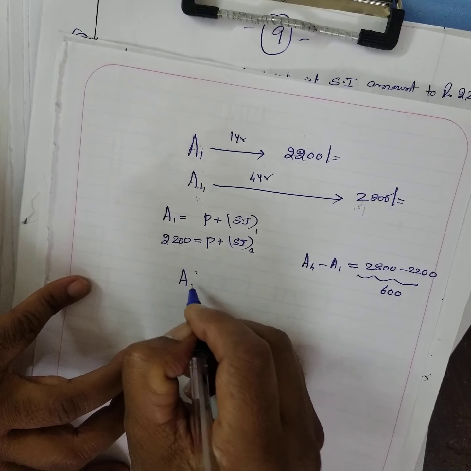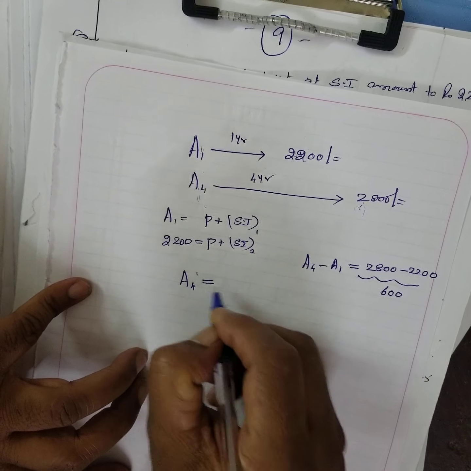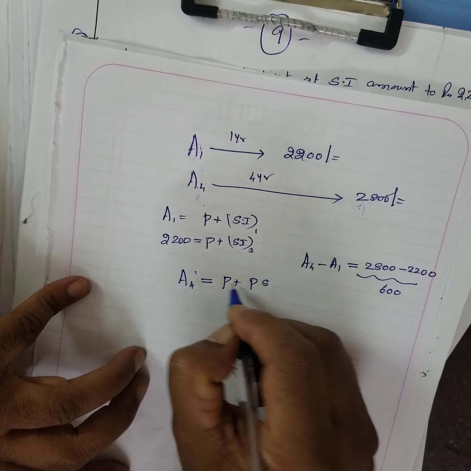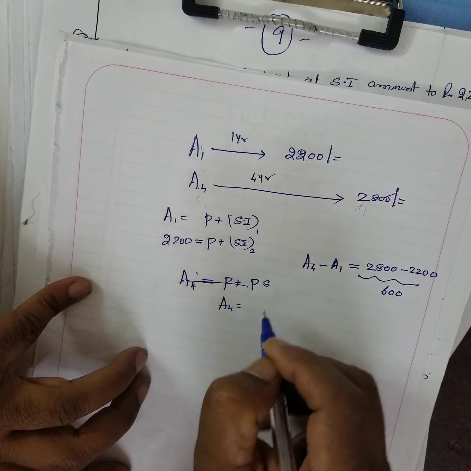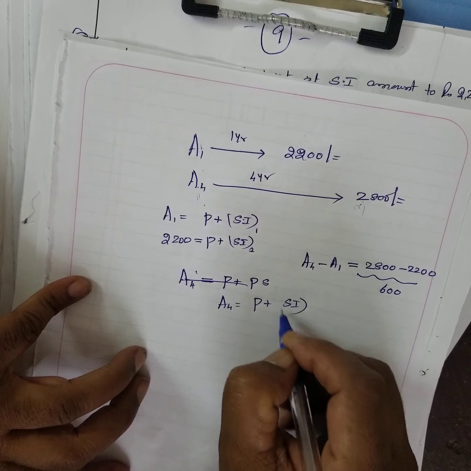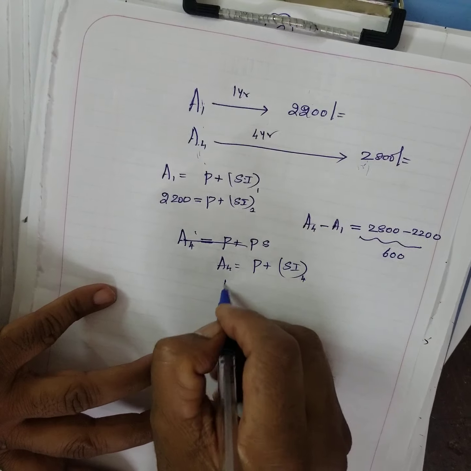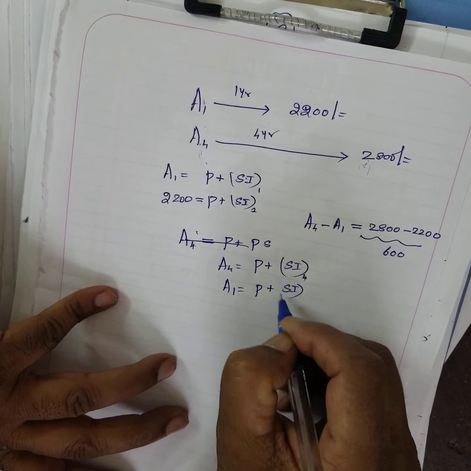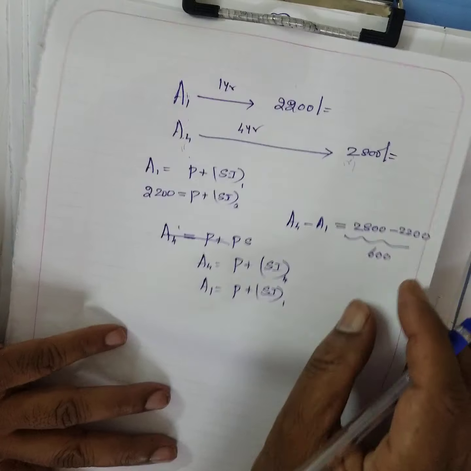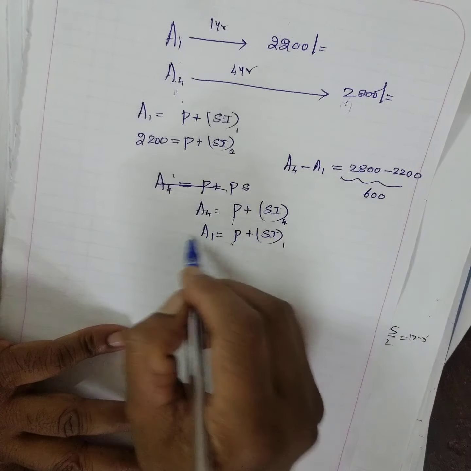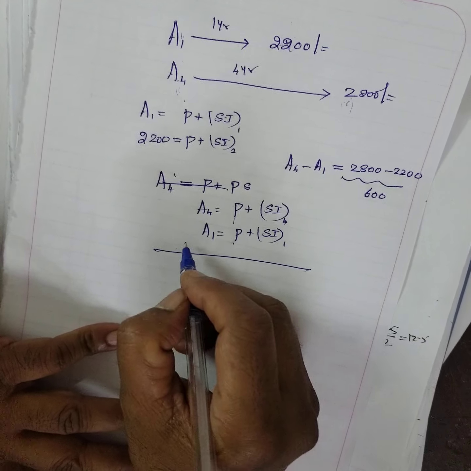Amount for 4 years is equal to principal plus simple interest for 4 years. Amount for 1 year is equal to principal plus simple interest for 1 year. If I do like this, I can subtract these two, right?